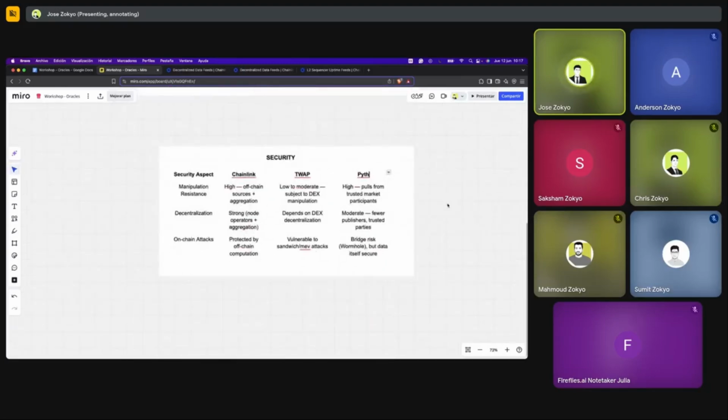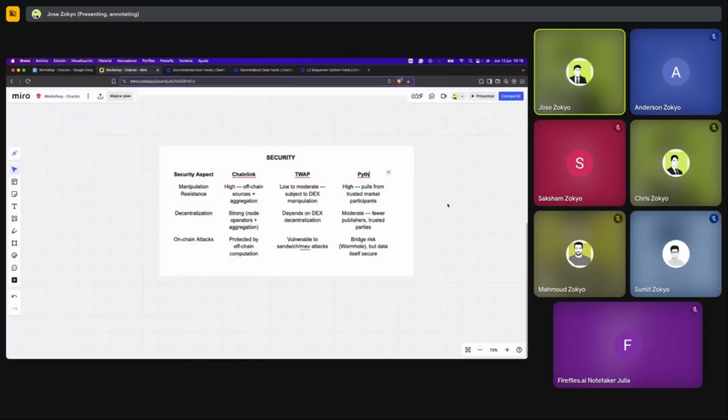And then we also have a table which basically differentiates the security aspects between each of these oracles. So regarding manipulation resistance, Chainlink is really high because, as I already mentioned, the data is computed off-chain, and then it comes from a decentralized network.